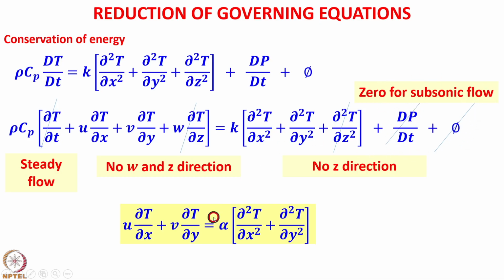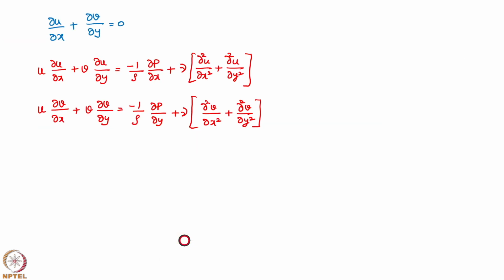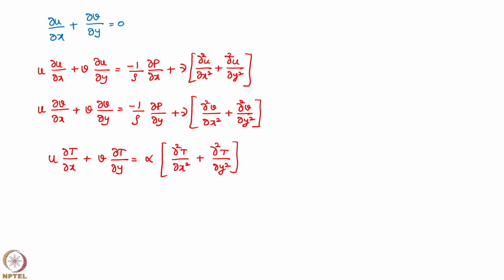Under those conditions I will be left with U dou T by dou X plus V dou T by dou Y equal to alpha into dou squared T by dou X squared plus dou squared T by dou Y squared.